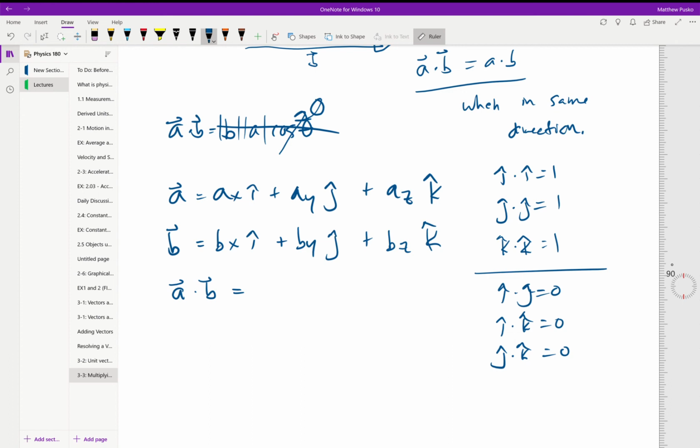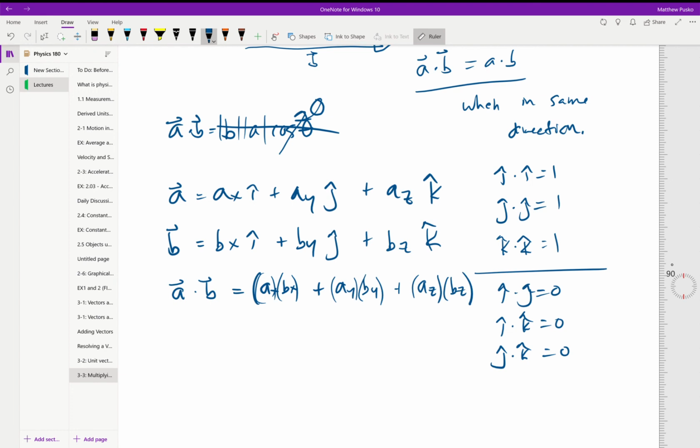Therefore, all we have to do is multiply AX times BX, add that to AY times BY, and add that to AZ times BZ.